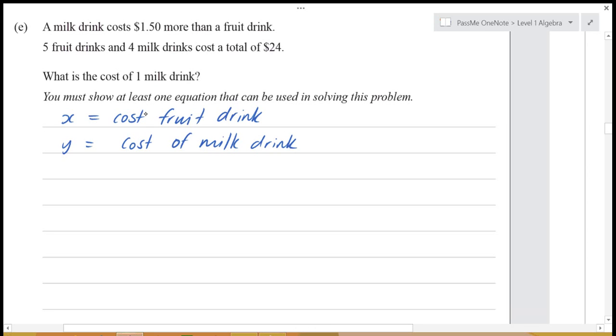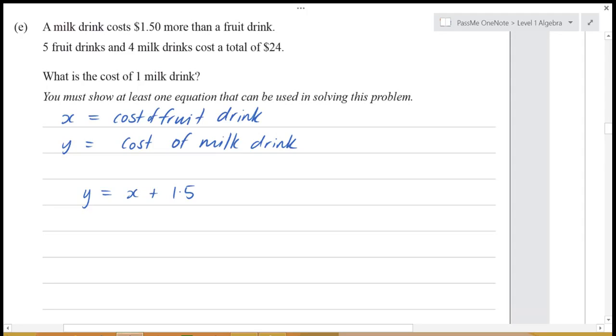The reason I'm doing this is so that I'm clearly stating what x and y are, so that I can make up an equation here. A milk drink costs $1.50 more than a fruit drink, so y is equal to the cost of a fruit drink plus $1.50: y = x + 1.5. I'm only writing 1.5 instead of 1.50 because I don't need to write the 0 part.